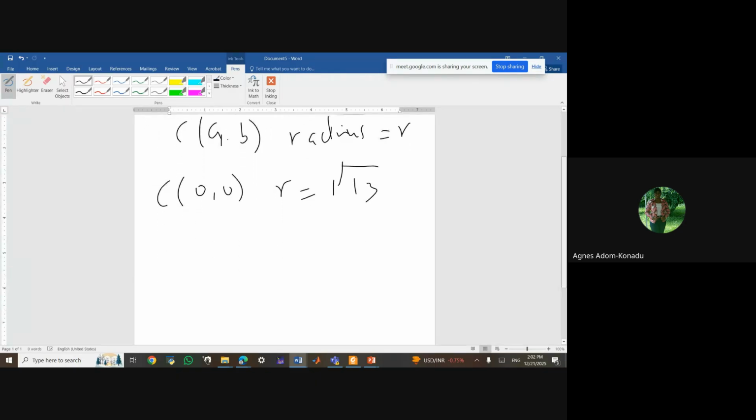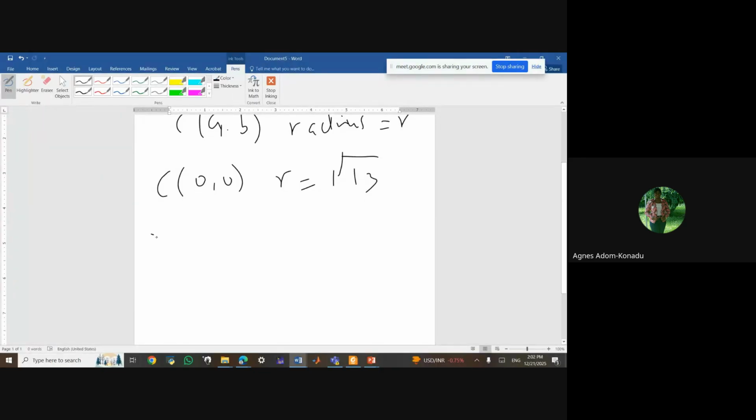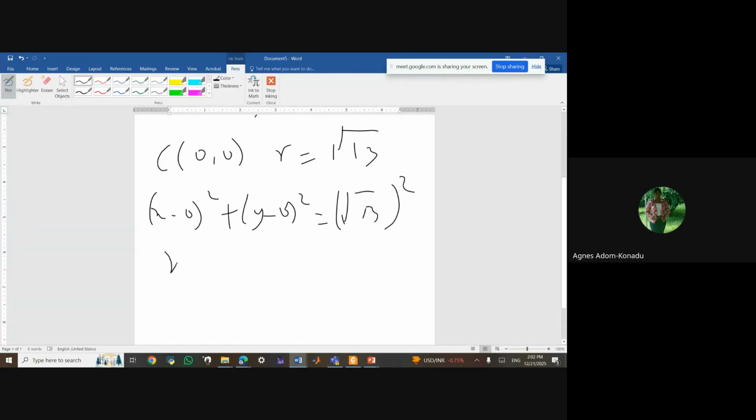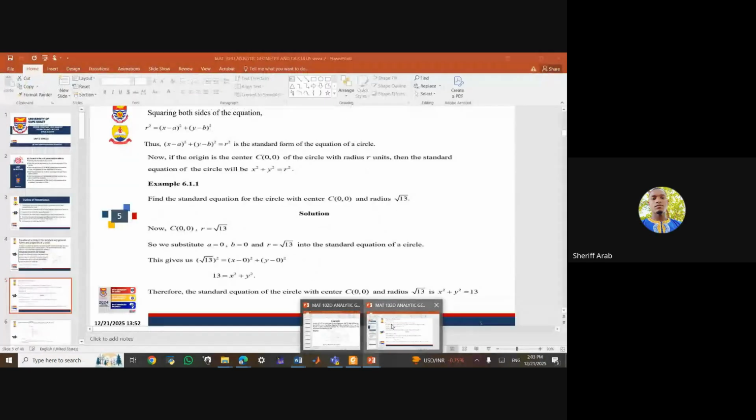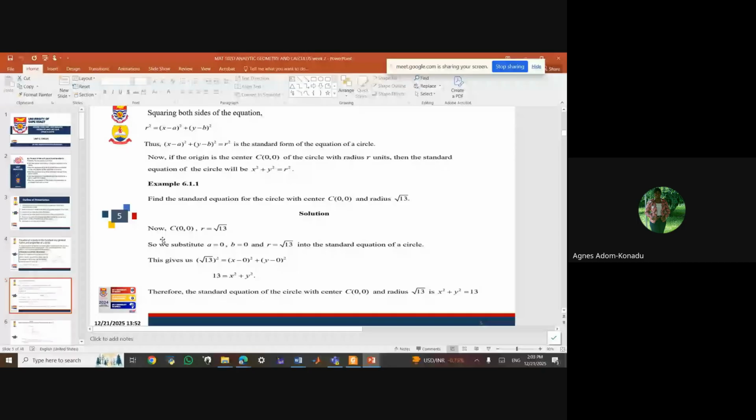So I want to find the equation of the circle, and it's going to be (x minus 0) squared plus (y minus 0) squared is equal to square root of 13 squared. So this will give me x squared plus y squared is equal to 13. Are you with me? Yes, madam. So the center is 0, 0 and the radius is square root of 13.